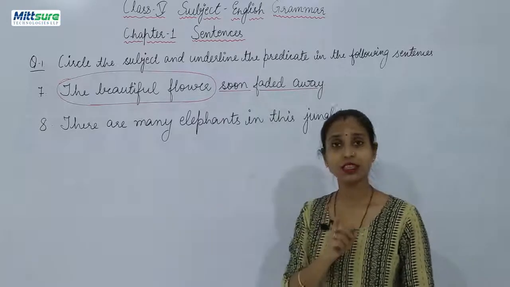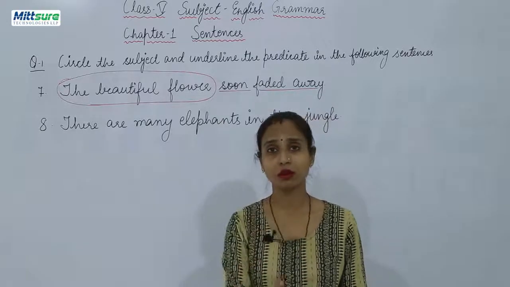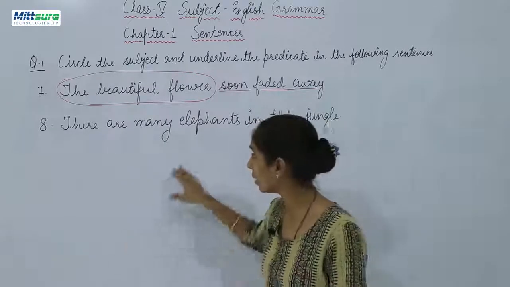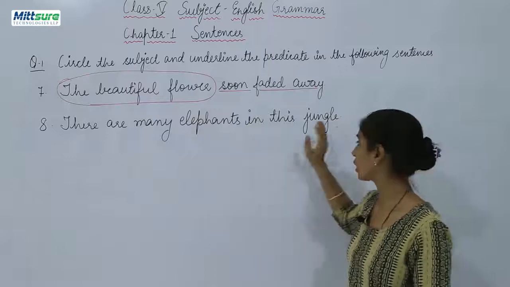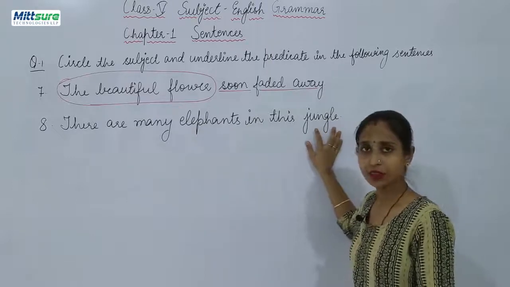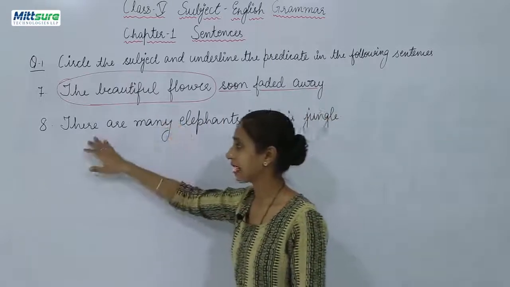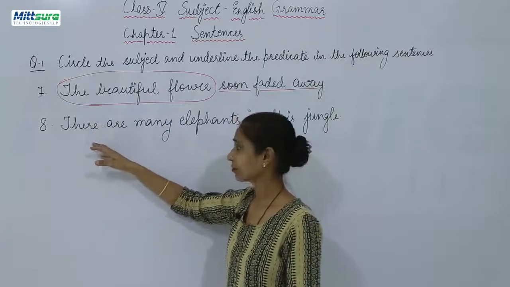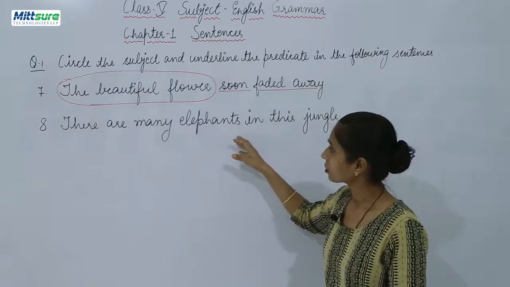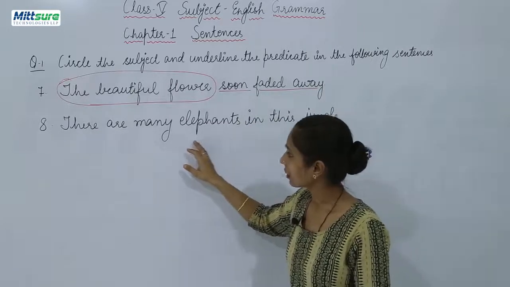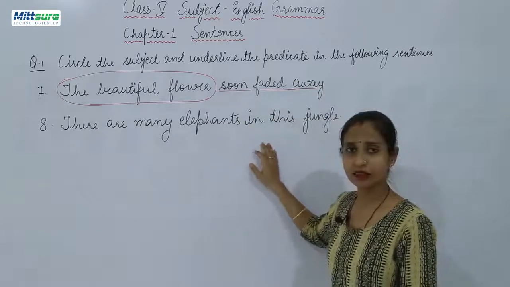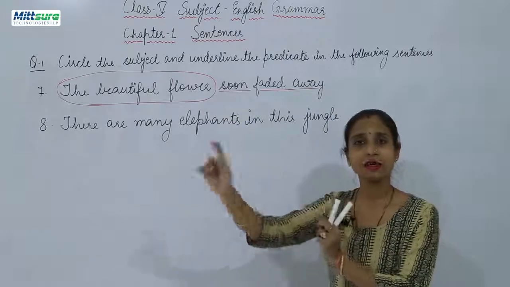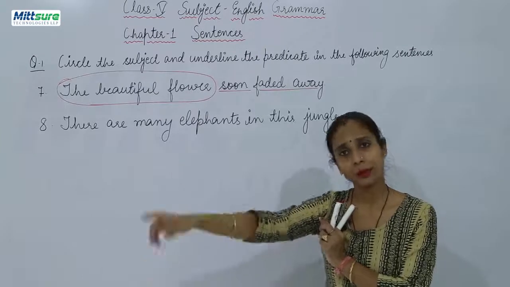See, subject is all about the topic of the sentence, what we are talking about. So here in this, we are not talking about jungle, we are not talking about there, which is just a preposition you can say. There is just telling you a place.